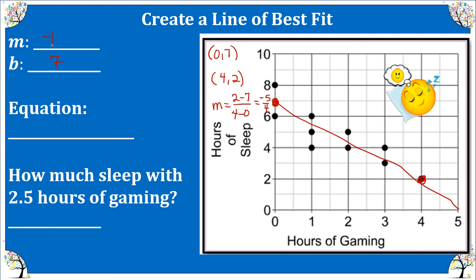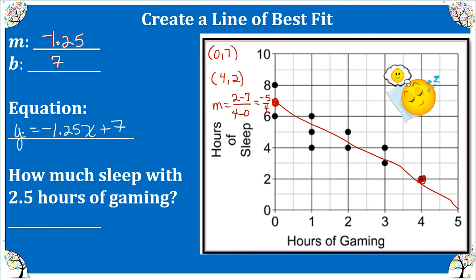So negative 1.25. So as the hours of gaming increases, the hours of sleep go down by an hour and a quarter. So let me write this in white so you can see it. And then we're going to put this together. y equals negative 1.25 times x plus 7.